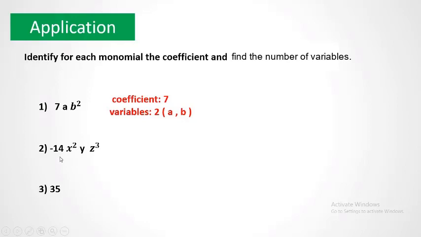The second, what is the coefficient of this monomial? The coefficient is minus 14 and the variables are x, y, and z. So we have coefficient minus 14 and 3 variables, x, y, and z.